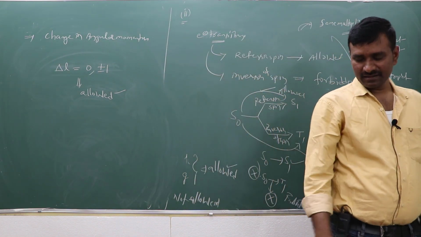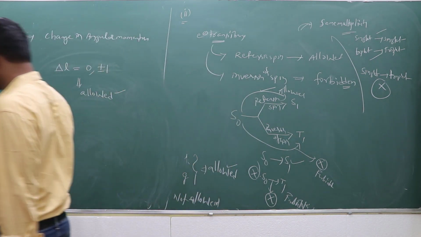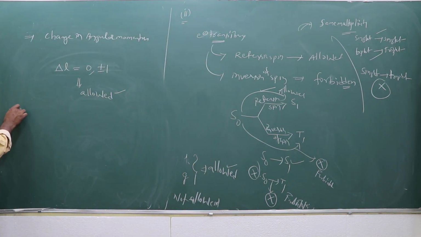Allowed electronic transitions. And another point, compared to the case of non-bonding electrons: what will happen in the case of non-bonding electrons?